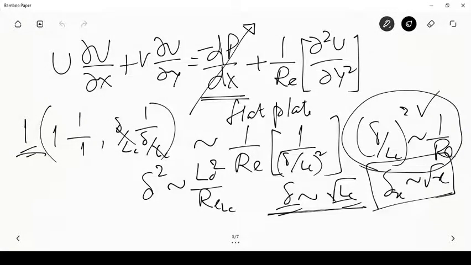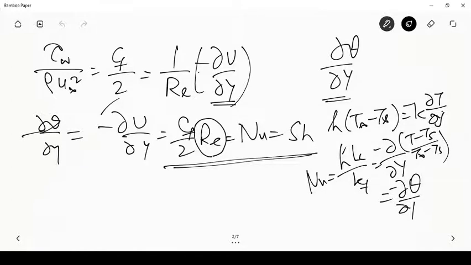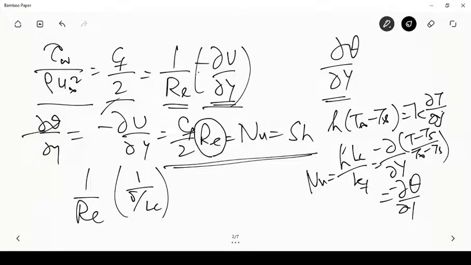Let's go back to that slide where we derived it at the beginning. Yes, so tau wall by rho u infinity square, which is Cf by 2, is given by 1 over Re into del u by del y, and this del u by del y itself in this particular case is 1 over delta by Lc, and 1 over delta by Lc is nothing but square root of Re. So you will get square root of Re divided by Re.